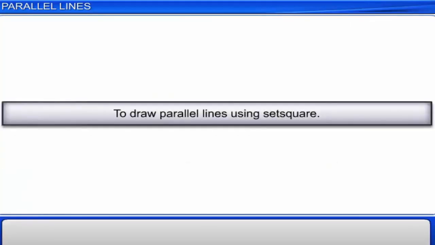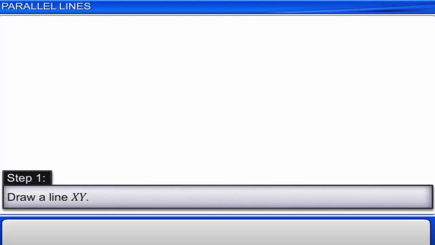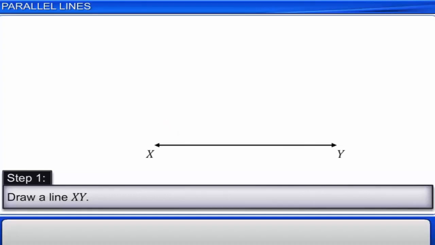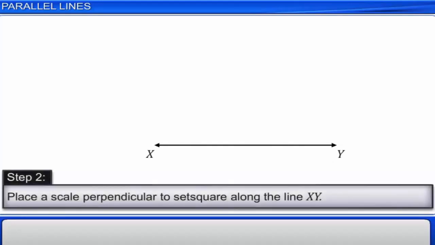Now, let's look at drawing parallel lines using a set square. First, draw a line using a scale. Label it as XY as shown. Now, place a scale perpendicular to the set square along the line XY as shown.